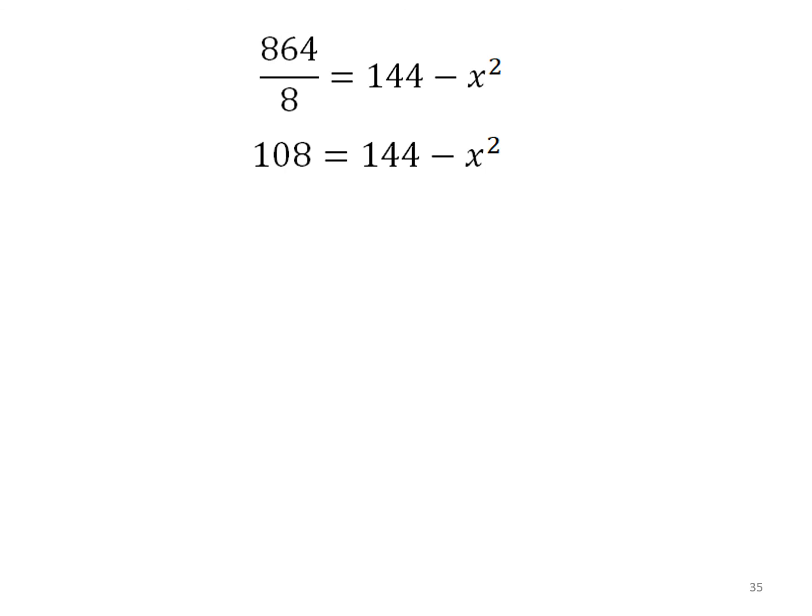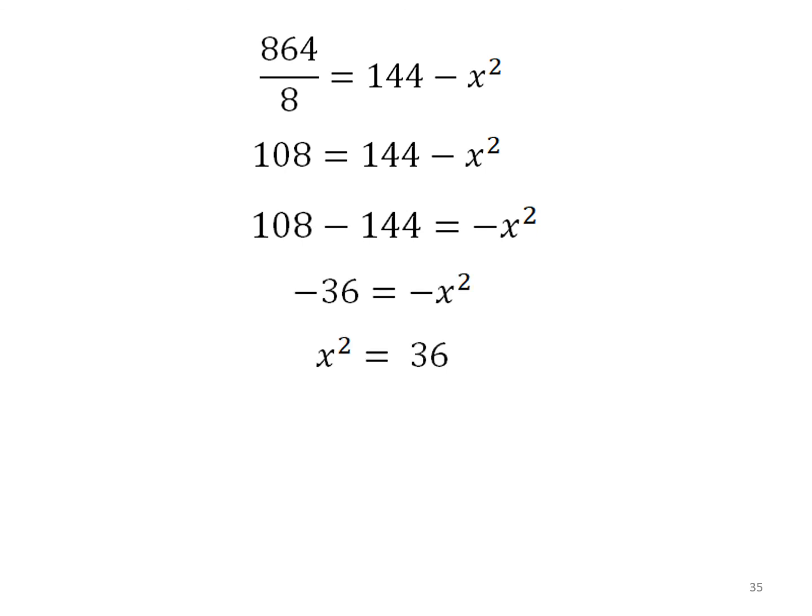So 864 divided by 8 is 108, which is equal to 144 minus x square. I take 144 to my left hand side. I get 108 minus 144 is equal to minus x square. Minus 36 is equal to minus x square. Minus and minus sign get cancelled. x square is equal to 36.